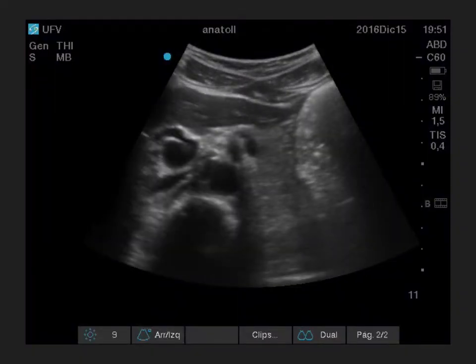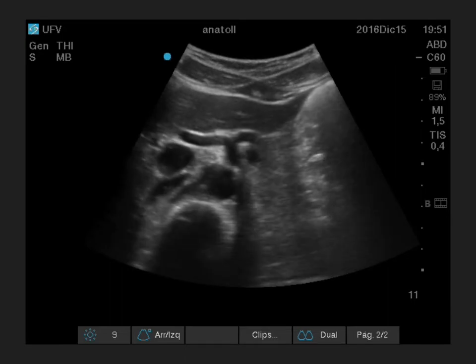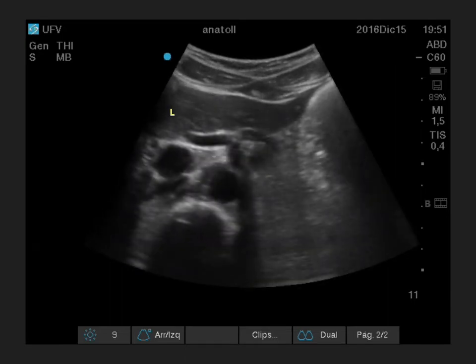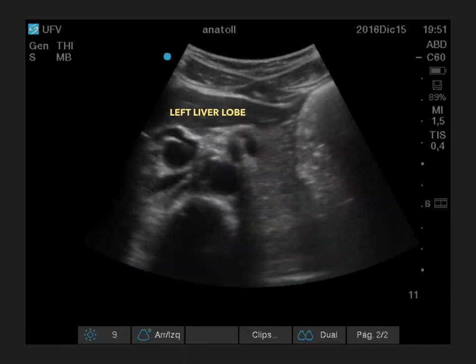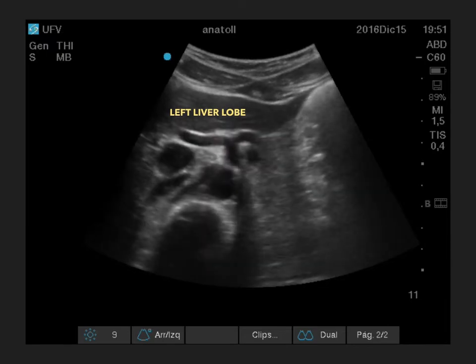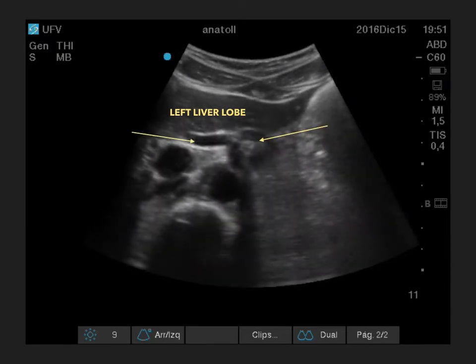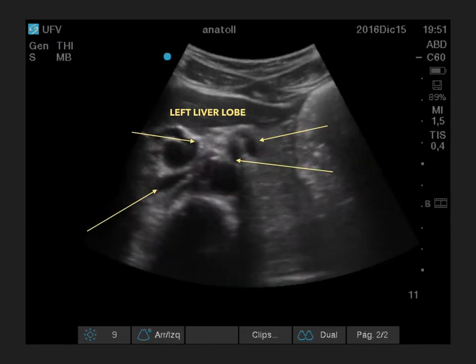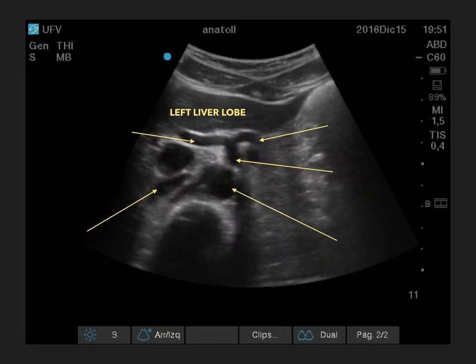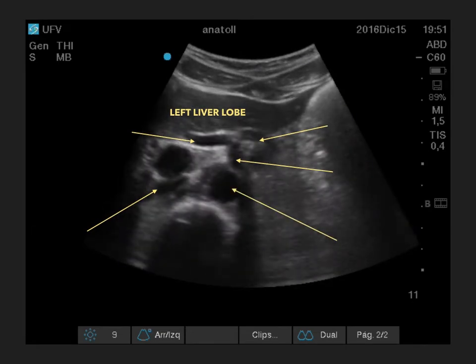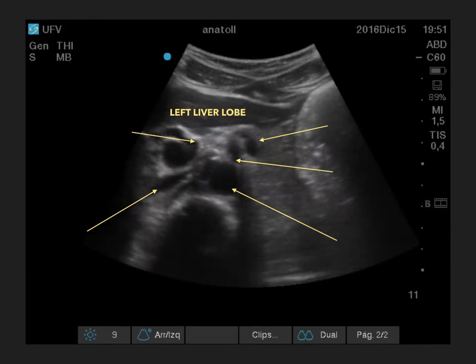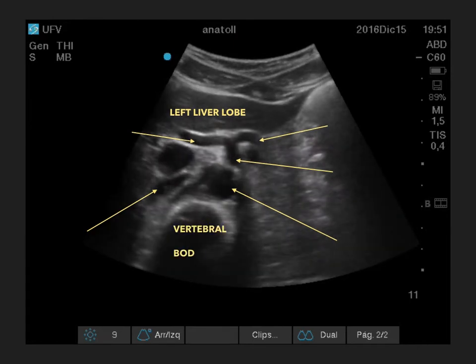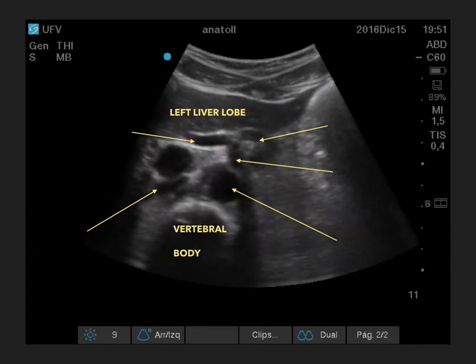On top, the most superficial part looks familiar for us, and this is exactly the left liver lobe, and there are a lot of structures here indicated by arrows. Remember what our main landmark is, the vertebral body.